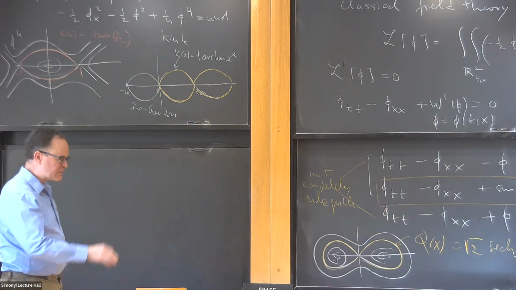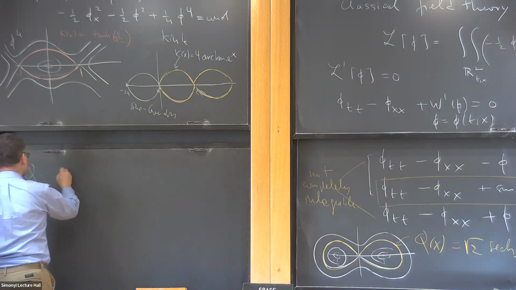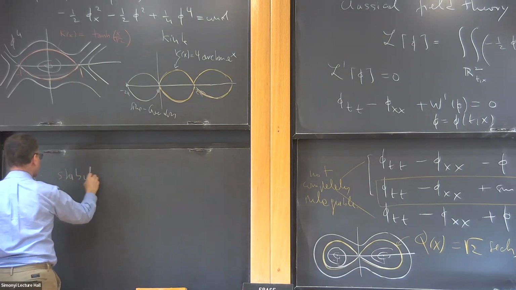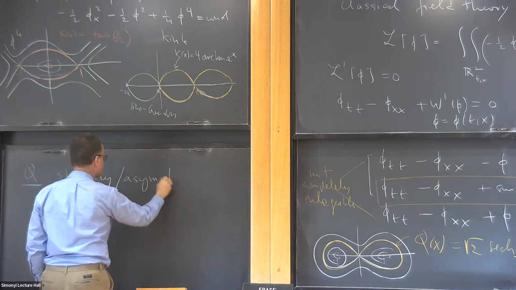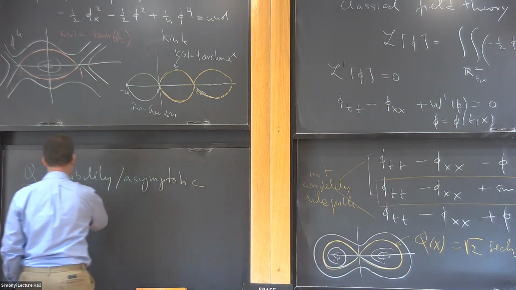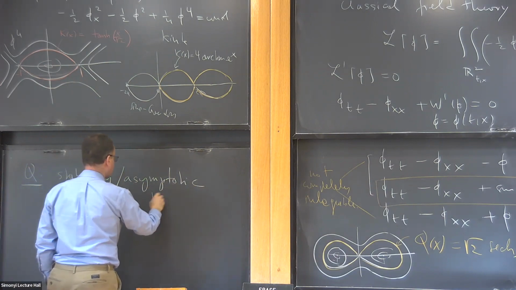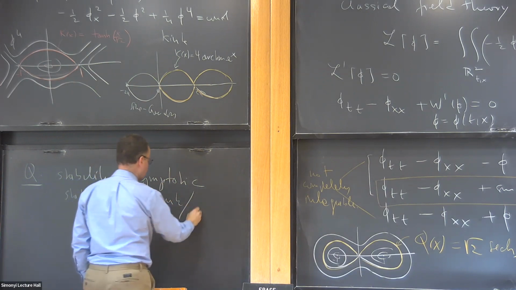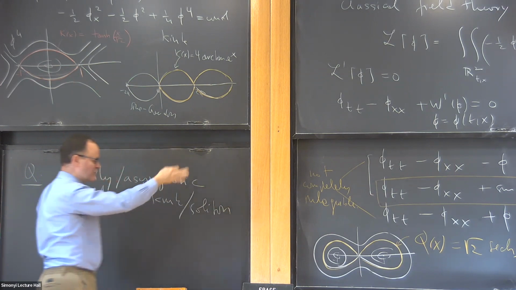It's a very delicate question. I will try to convey to you why. Okay, so the question is stability versus asymptotic stability of kink and/or soliton, depending on whether you have a K or a Q.